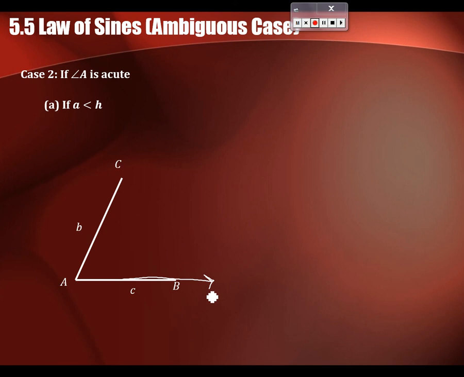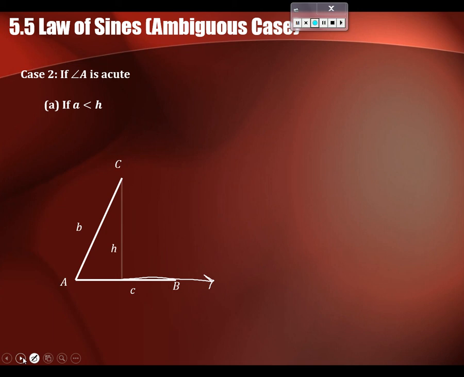I mean, if we're going to have it hit this side, when would it be too short? That is, we want to determine the minimum required length for A to even form a triangle at all. And there's a big giveaway up here. If it's less than H, then that's a little bit of a problem, isn't it?